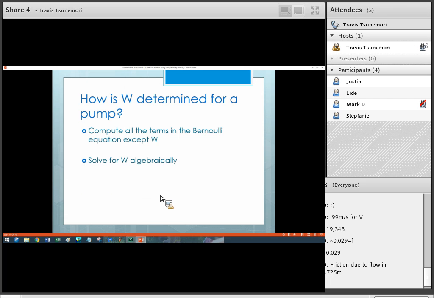So in the Bernoulli equation, the pump is represented by W, right? It's the work that the pump adds to the system. So we can find out how much work we need to add to the system by just solving the Bernoulli equation for W. And then that'll be the amount of energy that we need to add with the pump.